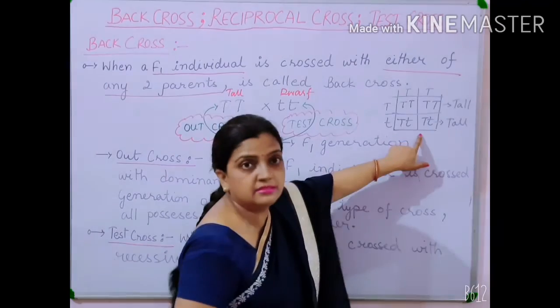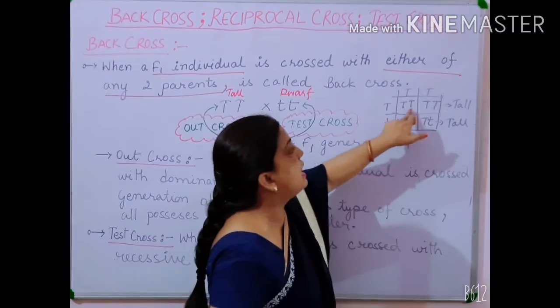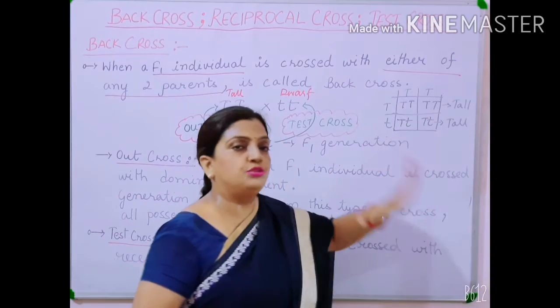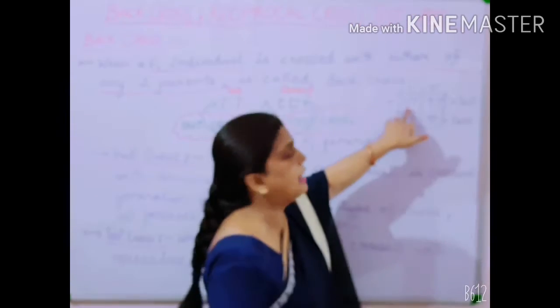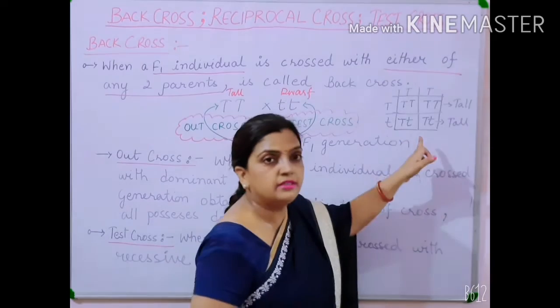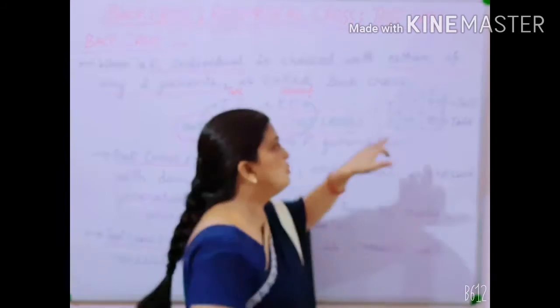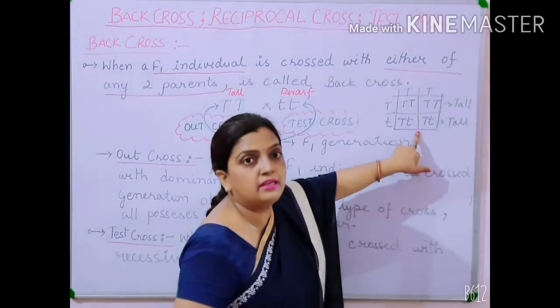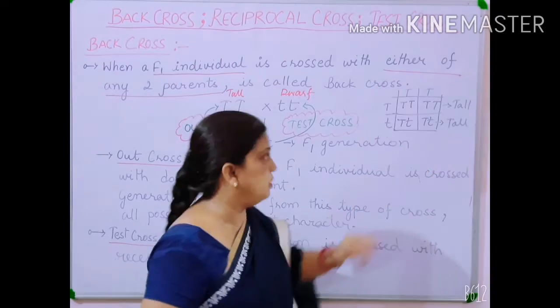Can you understand this? All the progeny obtained are dominant. They are tall. The genotype for tallness will either be pure, capital T, or hybrid, capital T small t. Whatever it is, the plant is tall only. So the characters obtained in the progeny will be dominant. I hope this point is clear to you all.